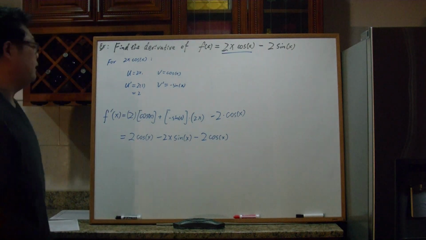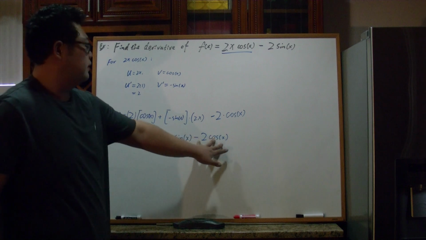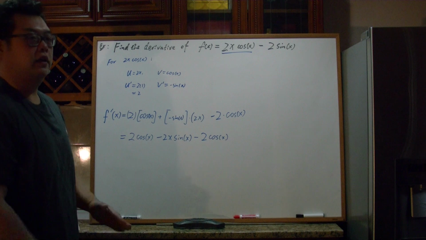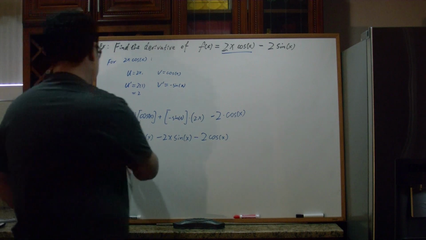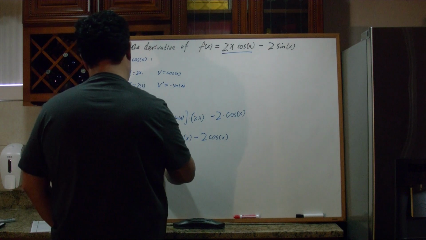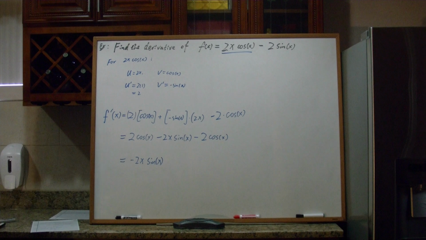After we simplify, usually we stop there, but after that we see, well, 2 cosine x and negative 2 cosine x are exactly opposite to each other, so they can be cancelled. What we get is negative 2x sine of x. The single expression we are left with at the end is negative 2x sine of x.